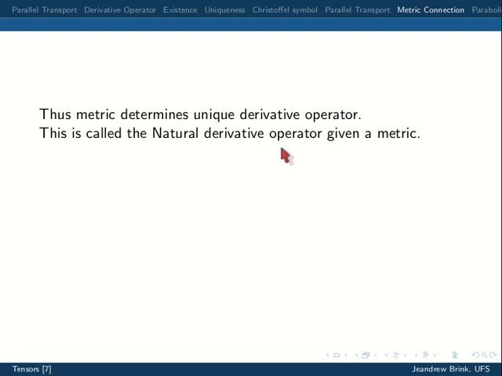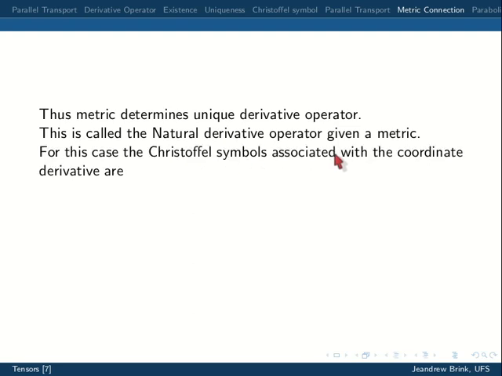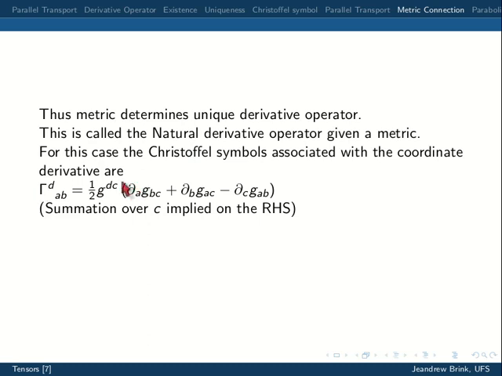It's called the natural derivative operator if you're given the metric. And for this case, the Christoffel symbols associated with the coordinate derivatives are basically this. Given the metric, you work out these partial derivatives with respect to the coordinates.